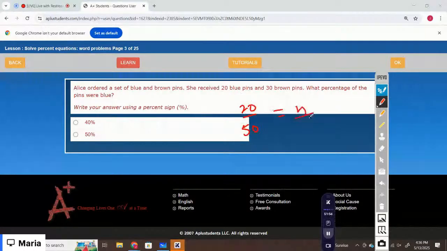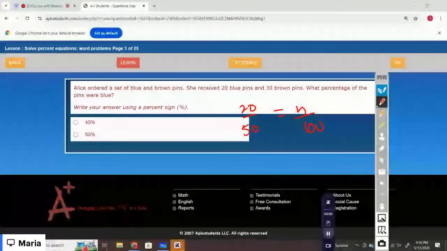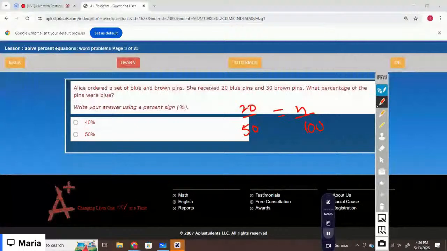I think that is 40%. The correct option is 40%. Option number one is the correct option.